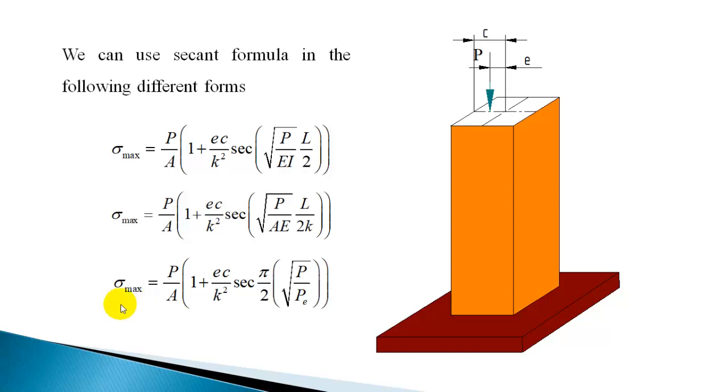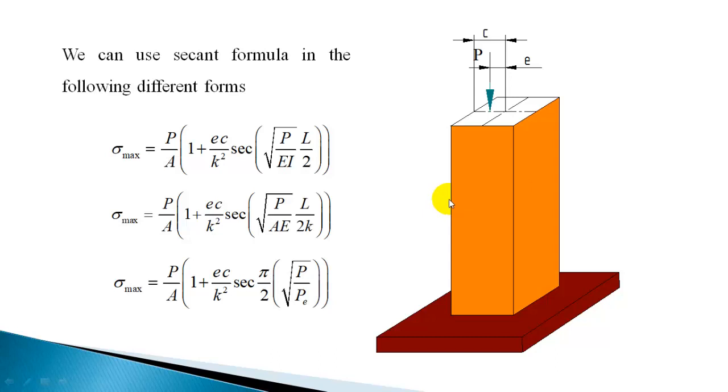So maximum stress will be induced on the concave side of the column. When the column buckles, say if it buckles like this, the maximum stress will be induced on the concave side of the column. On the other side tensile stress will be induced.